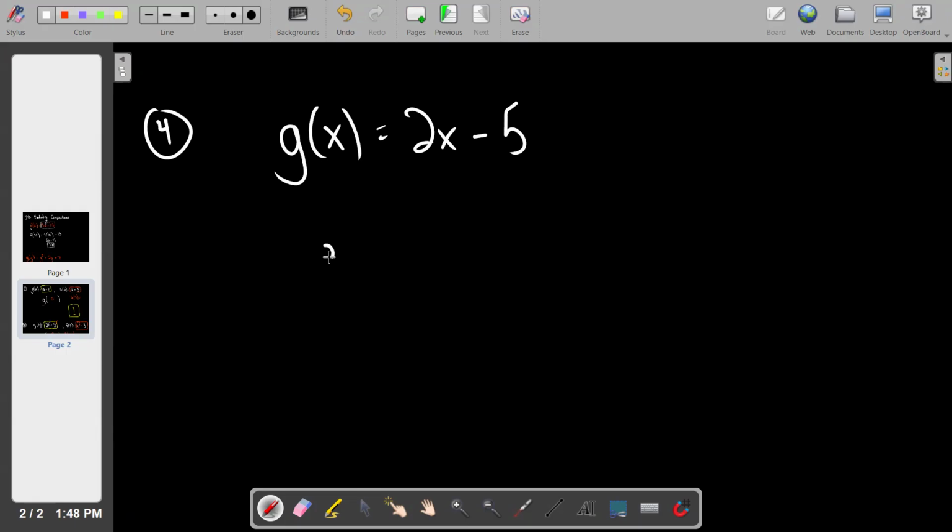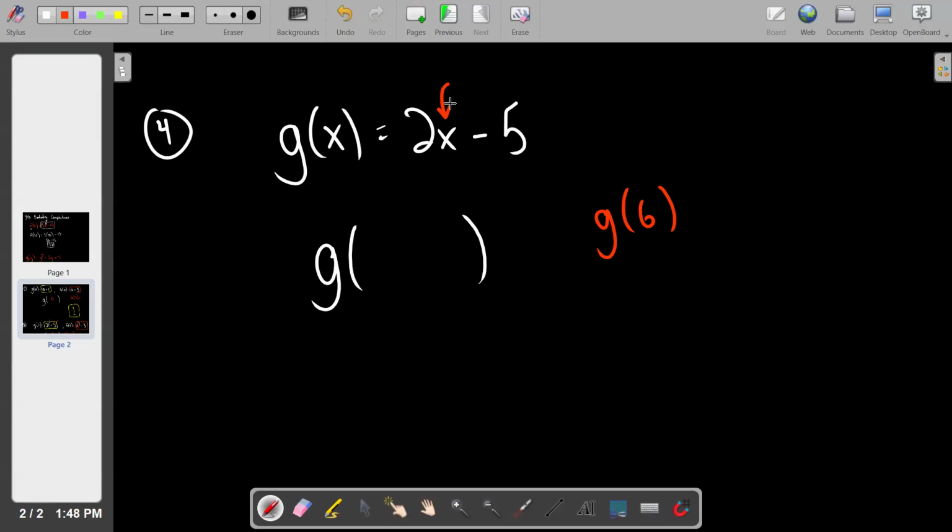And the composition will be g of 6. So my first job is this guy. To do g of 6 simply means to go find the cute little red arrow and change whatever it's pointing at, a variable, into the number 6.